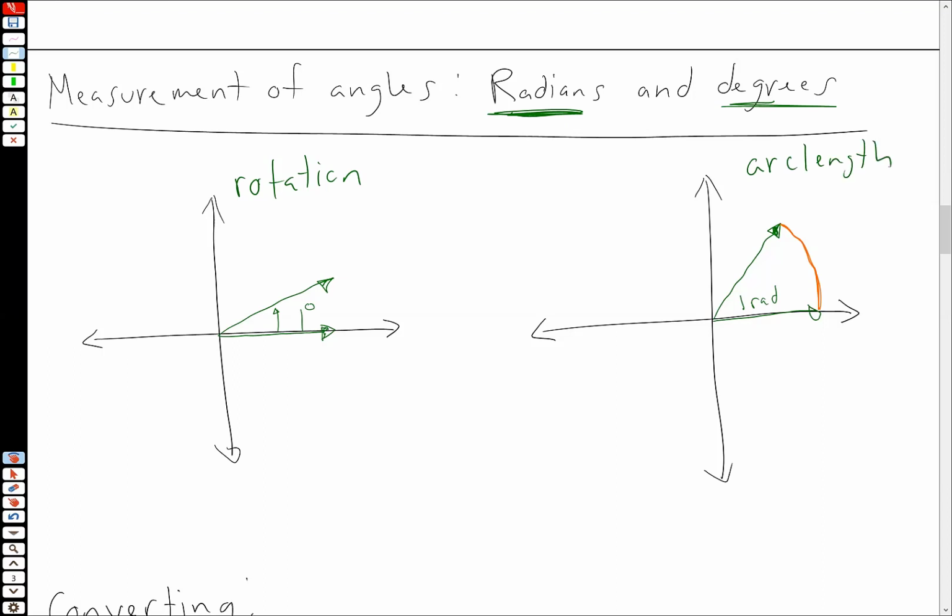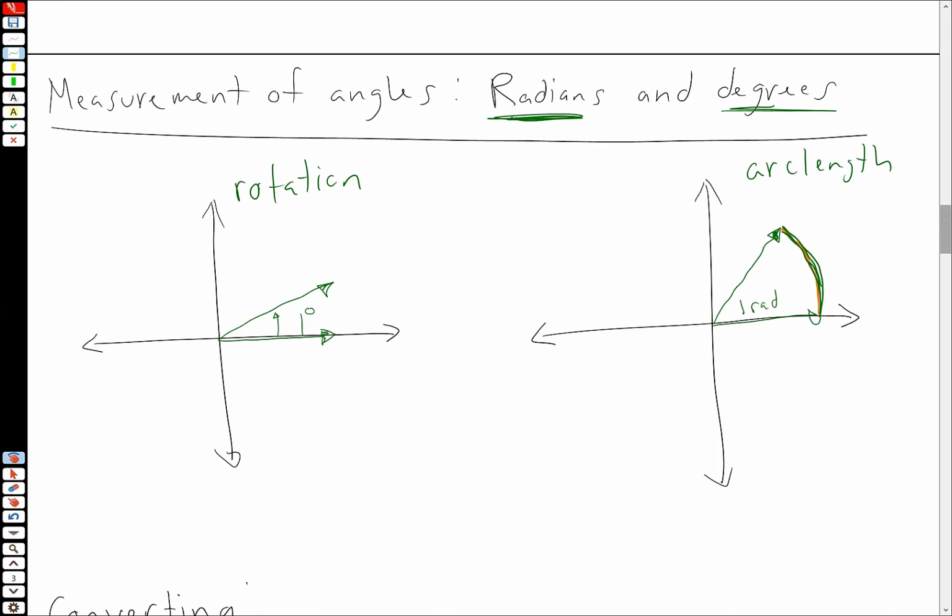Okay, so 1 radian, on the unit circle at least, which we'll talk about later, would be this arc length right here. So radians you can think about as more of the arc length side, and degrees rotation. But notice they are measuring essentially the same thing though. Just giving it a different perspective. Now again, you want to be comfortable with both. In particular, I would recommend getting comfortable with radians.